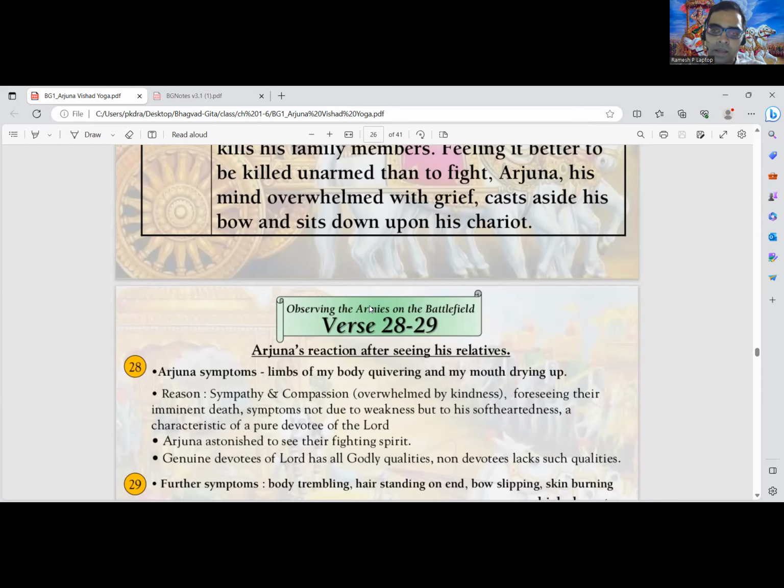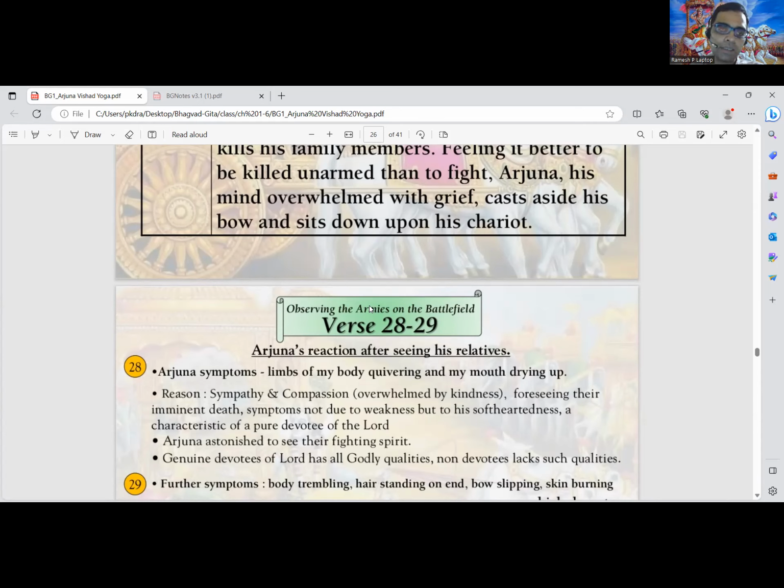Compassion is one of the characteristics of a pure devotee. Even in our case, when there is a tense situation, some bad news, or an awkward situation which we have to face in our day-to-day life, we also face the same challenge.